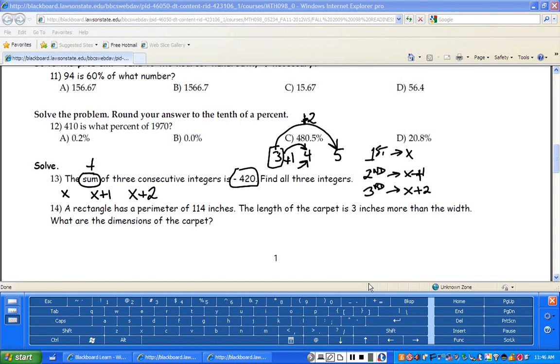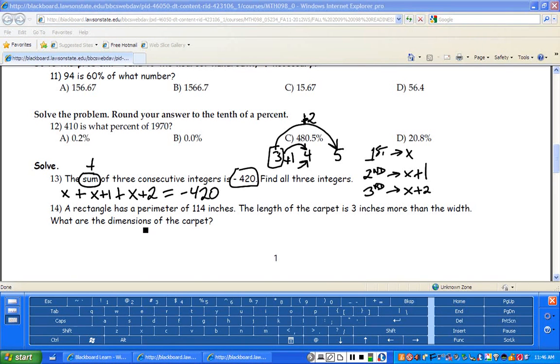Okay, so we said that the sum of these, so add these all up, gets negative 420. So this plus this plus this should all equal negative 420. Now we notice we have like terms.